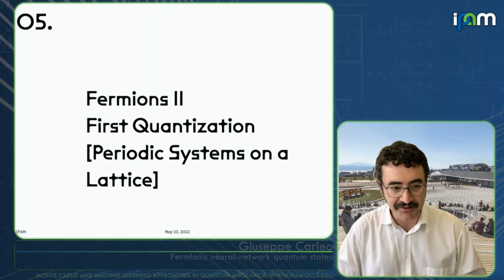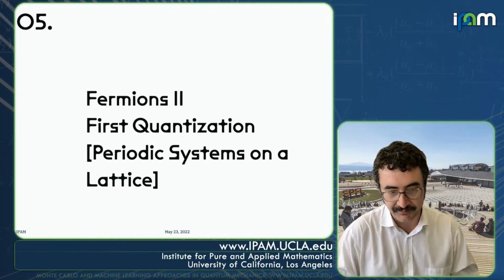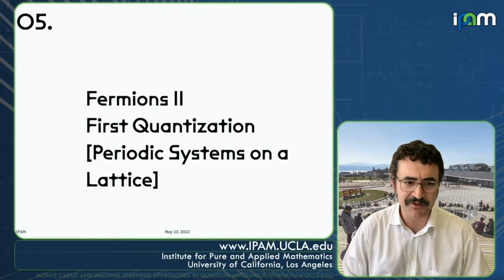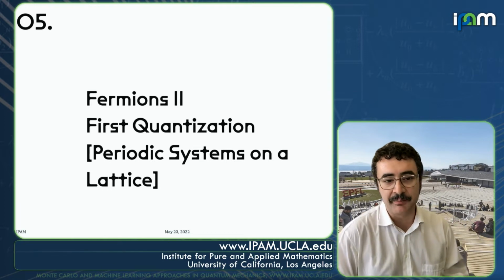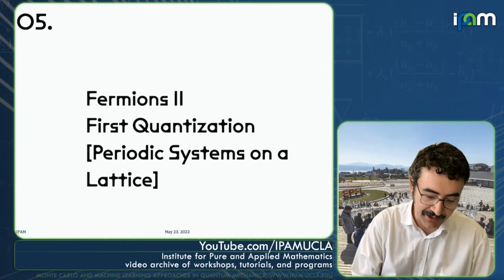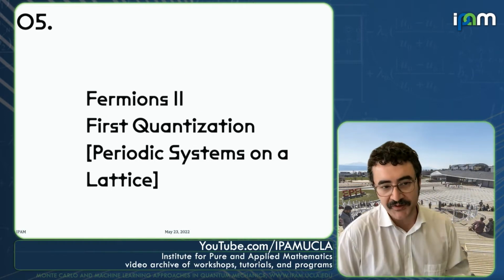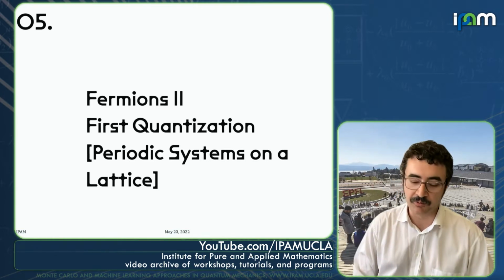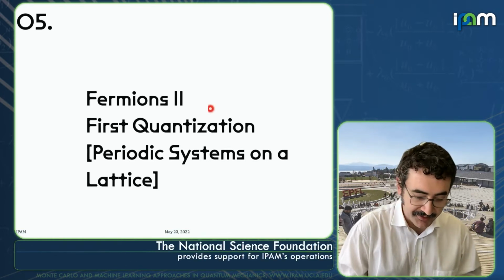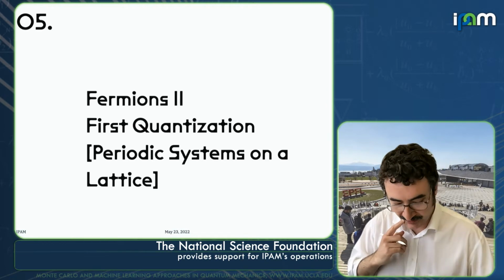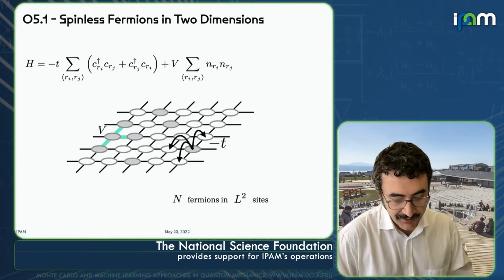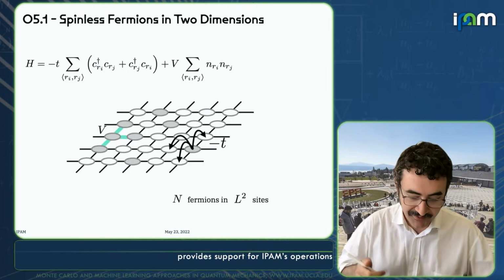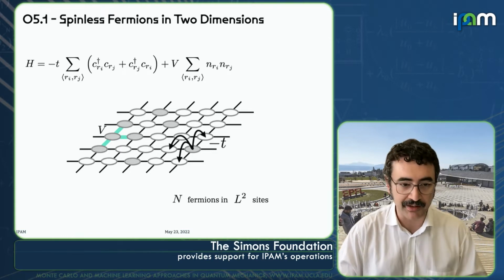This mapping, however, has some limitations that are especially evident when you try to study periodic systems. And this brings me to the second way to do fermions, which is doing first quantization. First quantization in this context means, first of all, what is the model that we'd like to study?